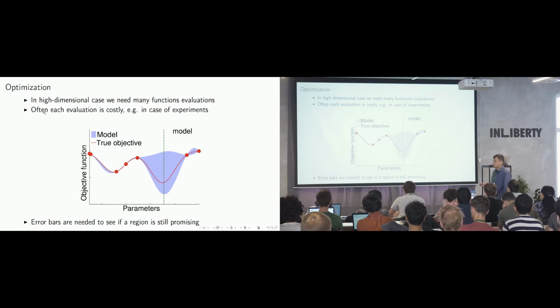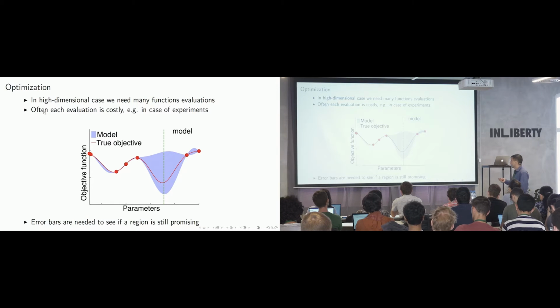But actually, we should try to find that optimum not only in those points where the prediction is, in this case, low, but also we need to consider those regions where the uncertainty estimate is big, because possibly in those regions an even lower value of the black box function can be found.